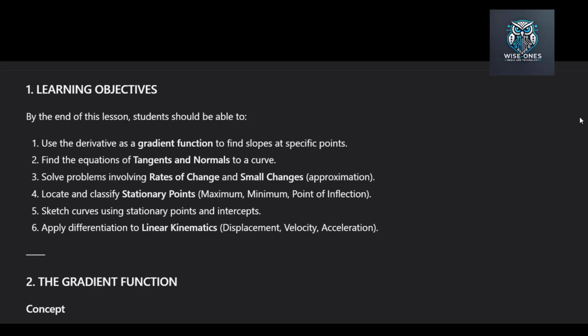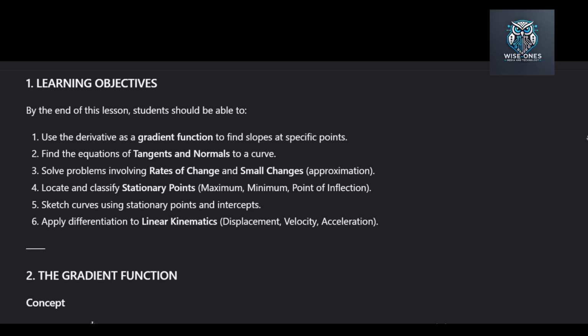You will learn how to locate and classify stationary points like maximum, minimum, and point of inflection. You will learn how to sketch curves using stationary points and intercepts. And finally, you will learn how to apply differentiation to linear kinematics, which involves displacement, velocity, and acceleration. That is a lot, but we will take it one piece at a time.